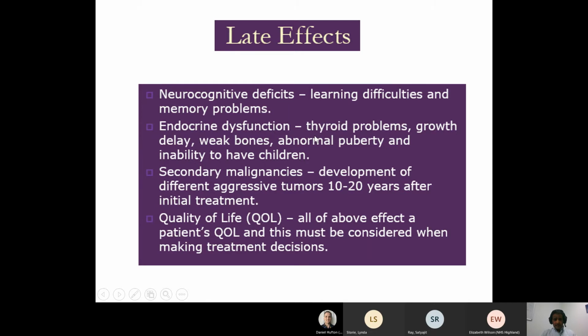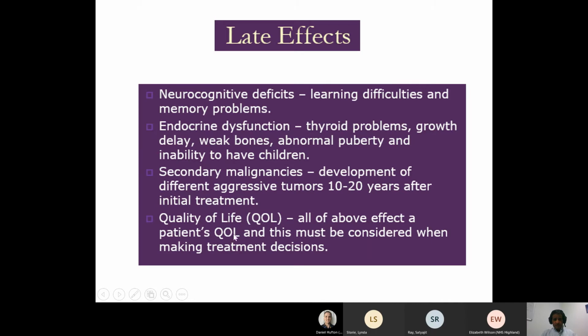Then there is endocrine dysfunction because endocrine is thyroid deficiency, growth hormone deficiency, cortisol deficiency, puberty, fertility issues all come up. So they need to be screened for that. And then there is the issue of second malignancy developing 10 to 20 years after the initial treatment, like meningiomas and AMLs, lymphomas and other things developing from them.